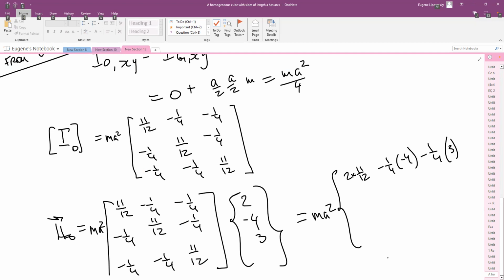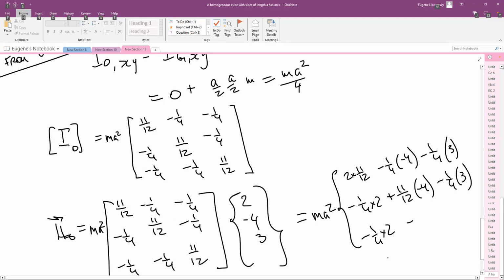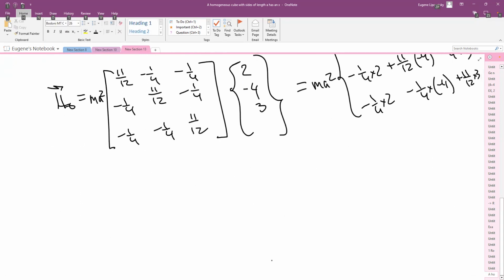And this will be minus 1/4 times 2 plus 11/12 times -4 and minus 1/4 times 3. And the last one will be minus 1/4 times 2 minus 1/4 times -4 and plus 11/12 times 3. That's going to be the angular momentum, equal to MA squared. Now let me use the calculator to figure it out.